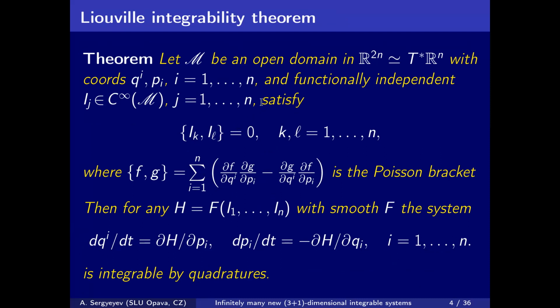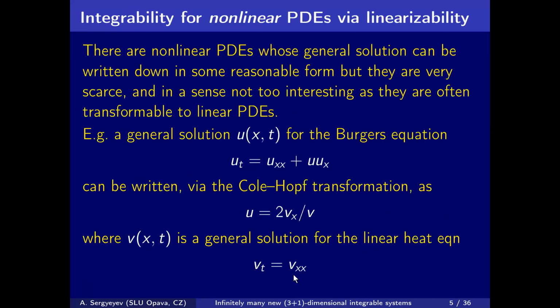So if we have a canonical Hamiltonian system with n degrees of freedom, and we have n integrals of motion which are functionally independent and Poisson commute, then the system in question can be integrated by quadratures. So we can get the general solution by quadratures.